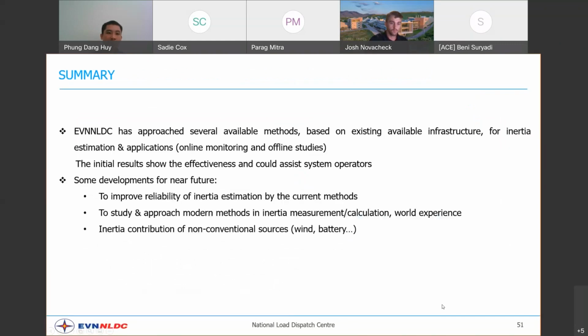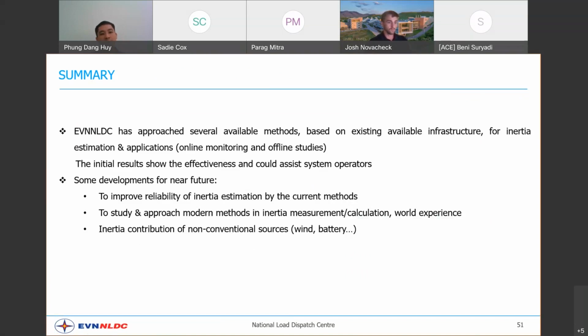Coming to the summary, our NLDC has, as I have mentioned, approached several available methods in literature, based on our available infrastructure. We have done inertia estimation for online and offline studies. The initial results show its effectiveness, and it could assist system operators in real time.